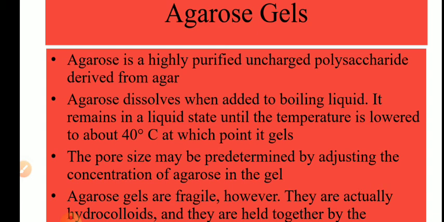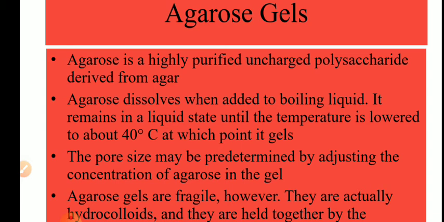So we require agarose. Agaropectin is a sulfated molecule. It is a charged molecule. So being a sulfated or charged molecule, agaropectin will interfere with the movement of sample molecules. So agaropectin is specifically removed and we get the uncharged polysaccharide, that is agarose. Agar gel is prepared and mixed with an equal volume of 40% polyethylene glycol.